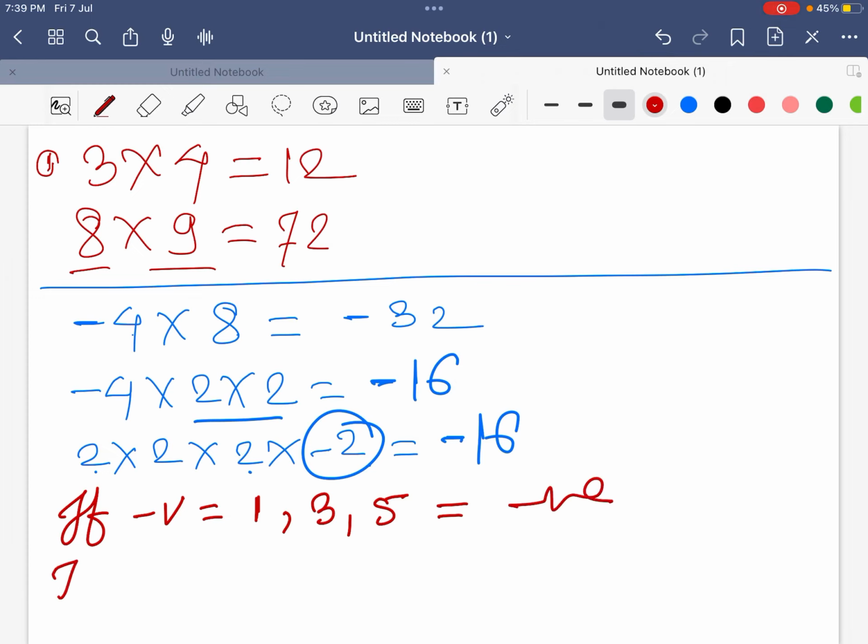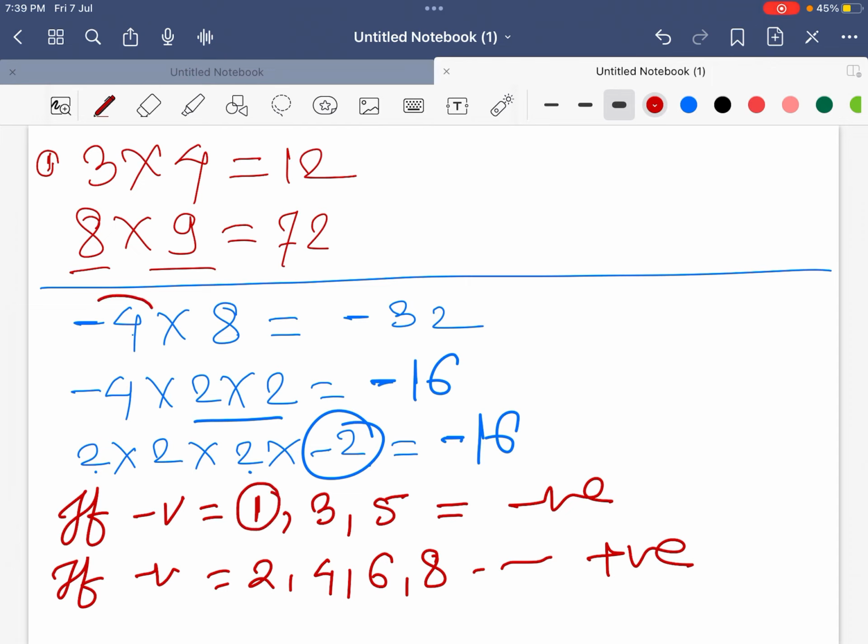And second condition, if the negative signs are 2, 4, 6, 8, then your answer is positive. Clear? So let's see, here is only one negative sign, so therefore your answer is negative.